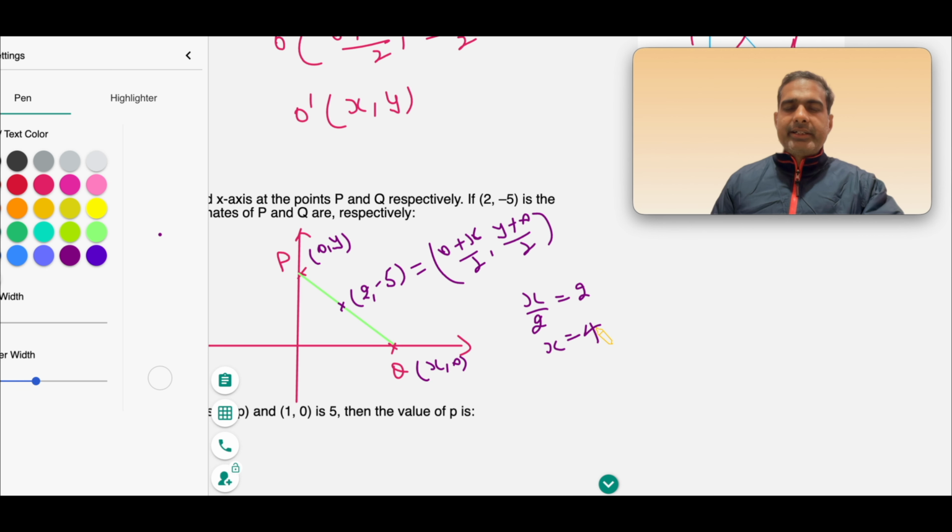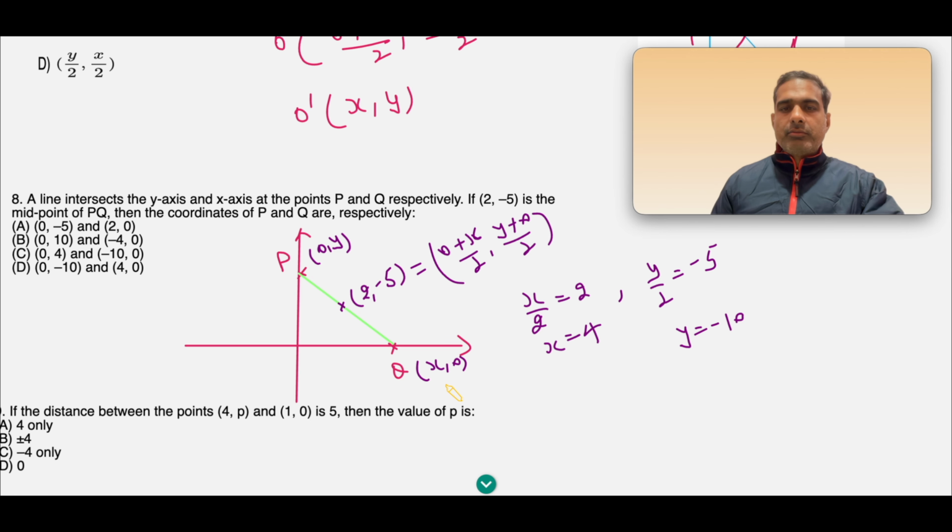So from here I get x is equal to 4, and y by 2 should be equal to minus 5. So from here I get y should be equal to minus 10. So x is 4, so this is 4, 0 and y is minus 10, so this is 0, minus 10. So the coordinates of P and Q: P is 0, minus 10 and Q is 4, 0. So option D will be our answer.